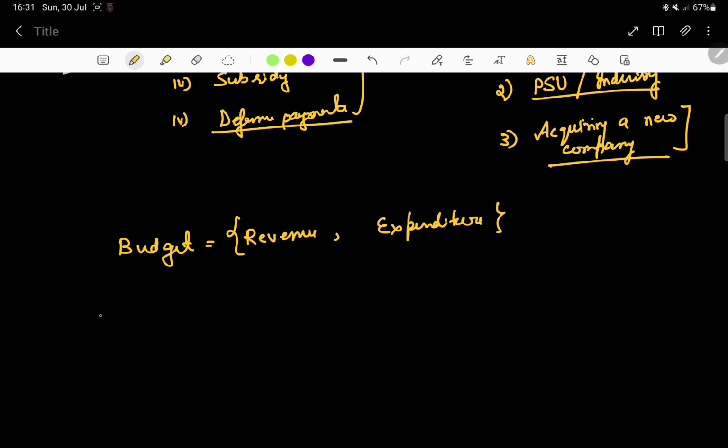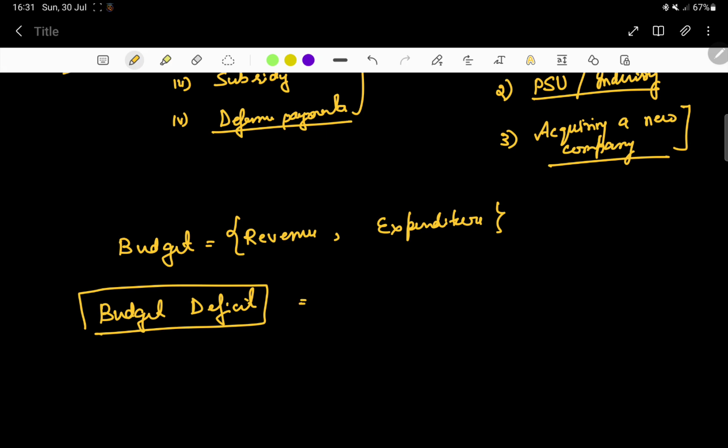Budget deficit is defined as government expenditure minus total government receipts.